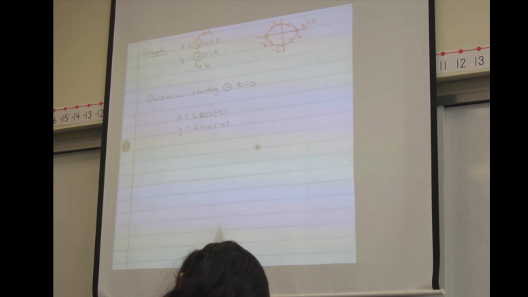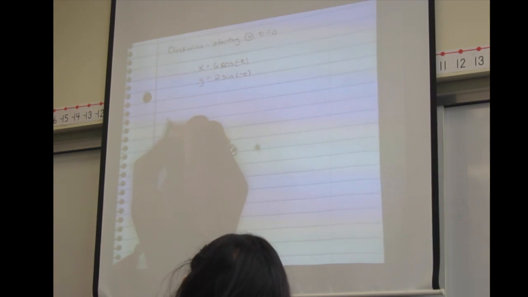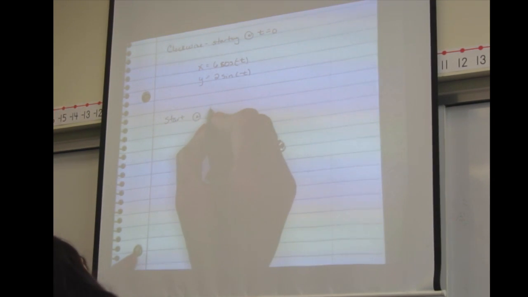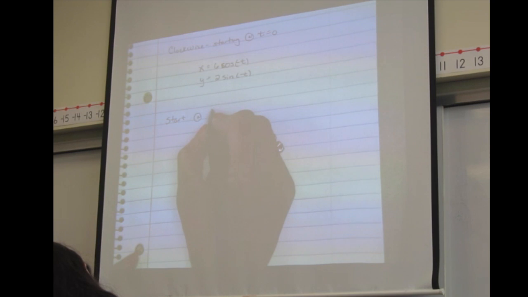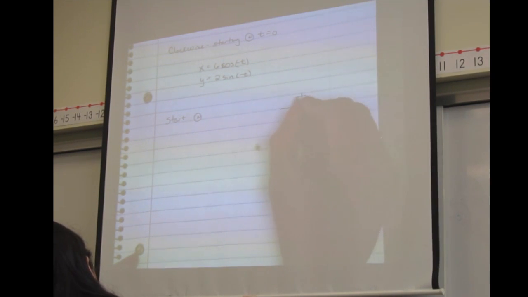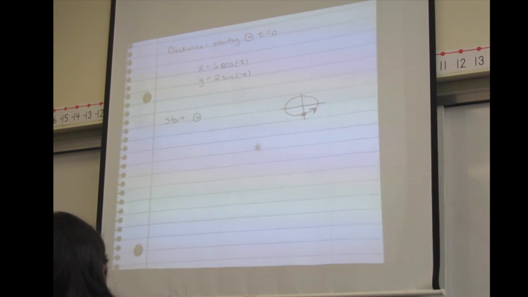All right, so now what if we wanted to start down here? Then you just have to change the values. Same window, but I want to start down there.